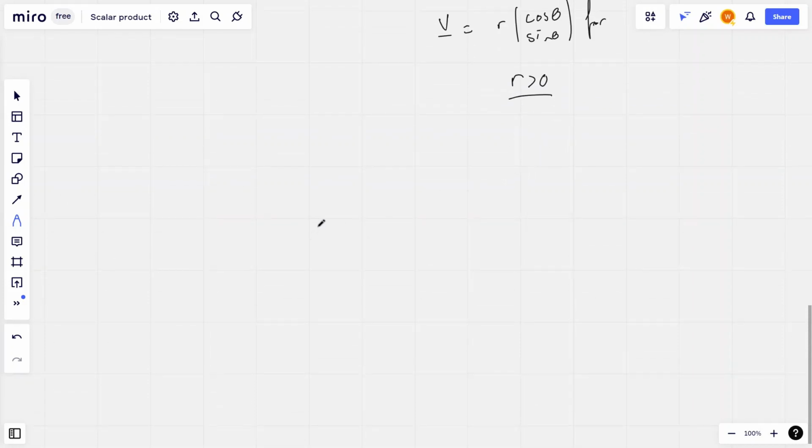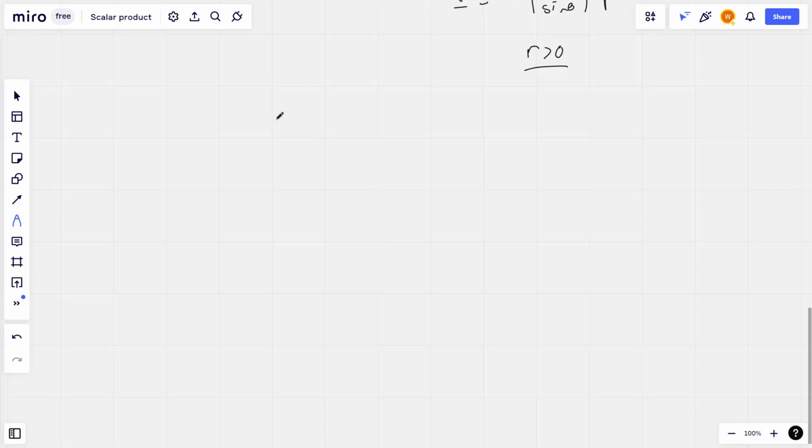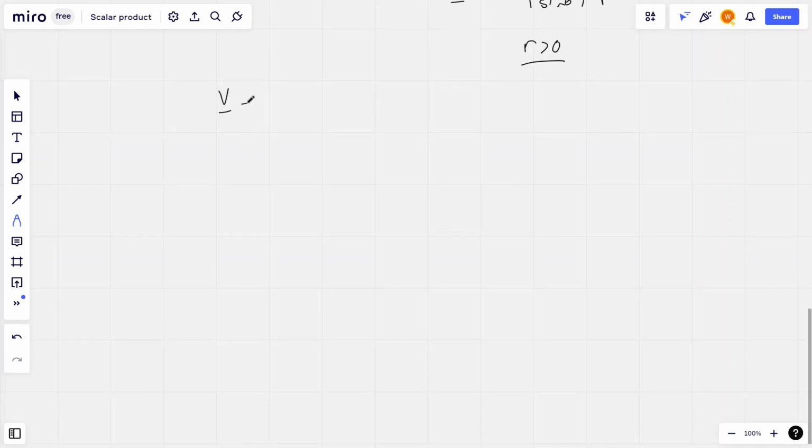Okay, now we're going to derive a useful expression for the case n equals 2. So suppose we have a vector v equal to r (cos alpha, sine alpha), and vector w equal to s (cos beta, sine beta).